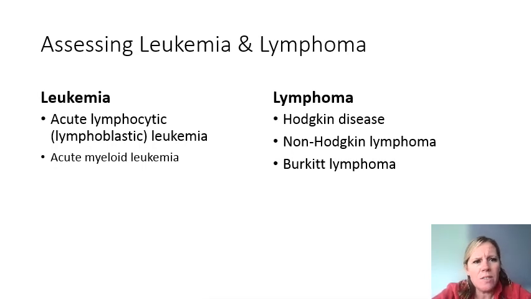So the ALLs, acute lymphocytic or lymphoblastic leukemia, account for about 75% of the leukemias and involve lymphoblasts, which are immature lymphocytes. Remember, we talked earlier about the erythroblasts, which were our immature red blood cells. Our lymphoblasts are immature lymphocytes.